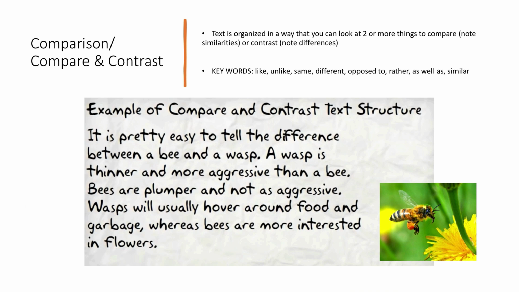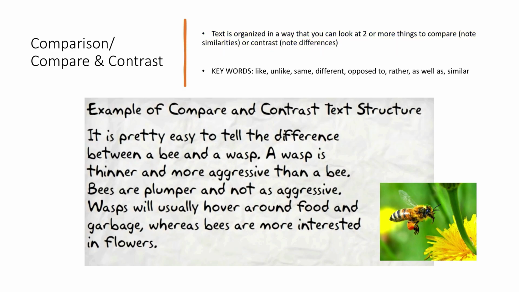The next one is comparison or compare and contrast. It can be called either way. In a comparison, you usually compare two things and how they're alike. When you contrast, you're telling how they are different.